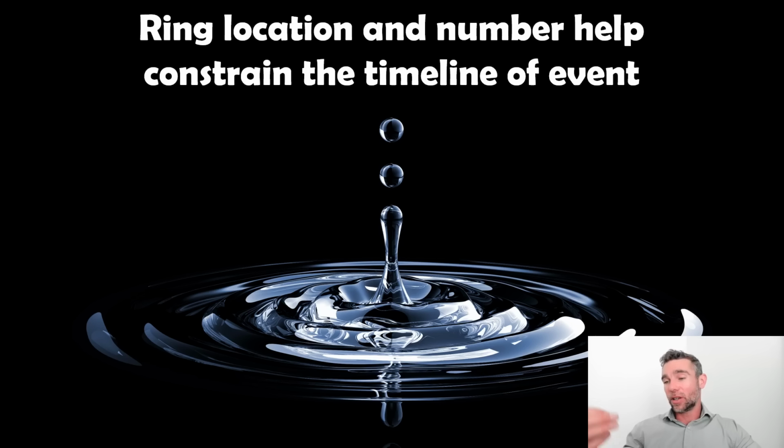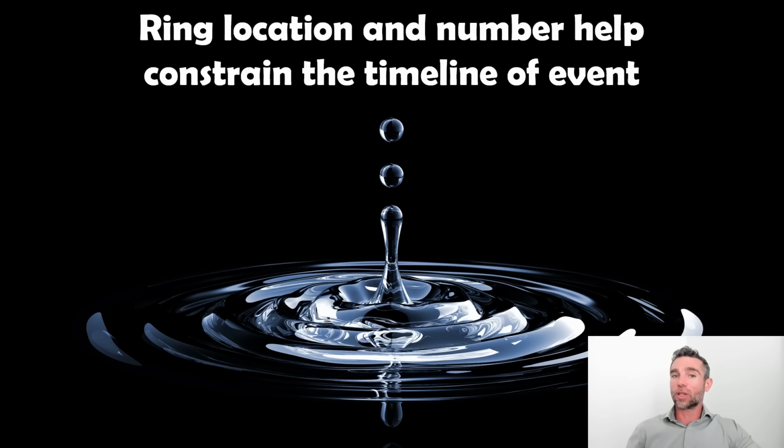So again, think back to dropping a stone in water and getting those ripples propagate out. If you catch it right at the point of the stone going in, then you're going to get just one or two ripples quite close to the center. You let those ripples propagate out for a bit longer, then we have more ripples and they're further out.